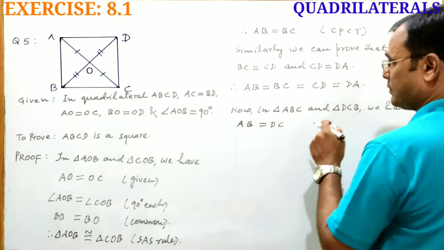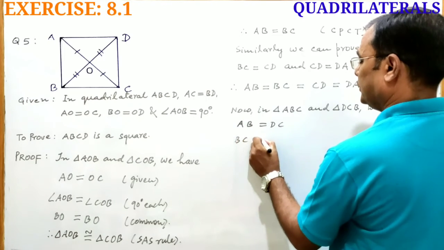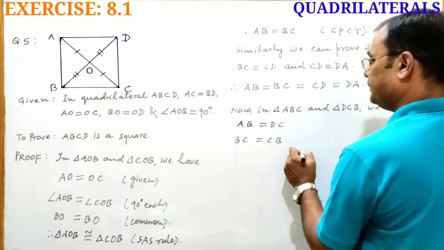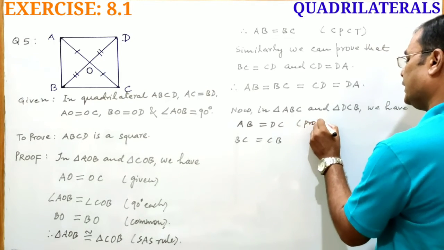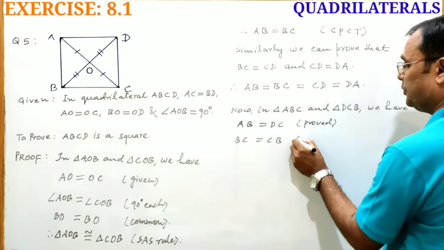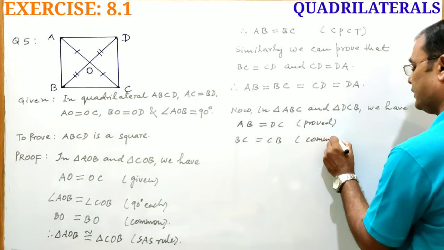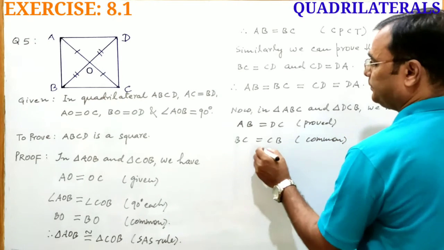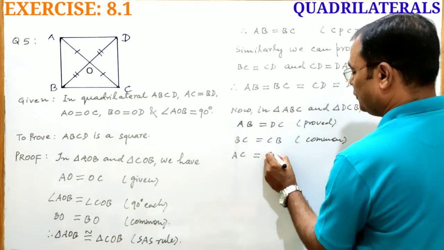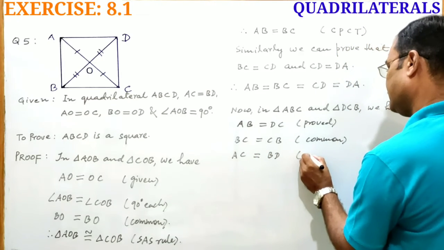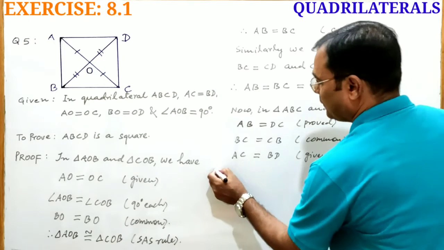BC equal to CB, common side. AC is equal to BD, diagonals are equal, it is given.